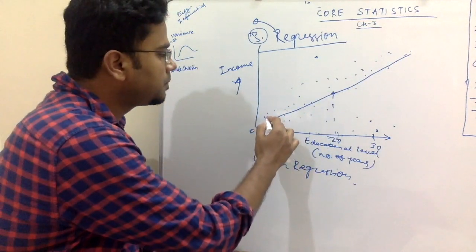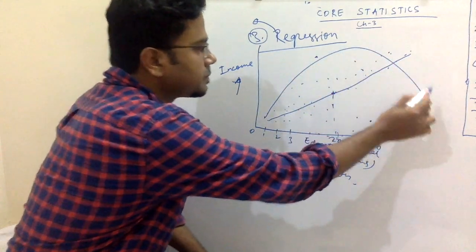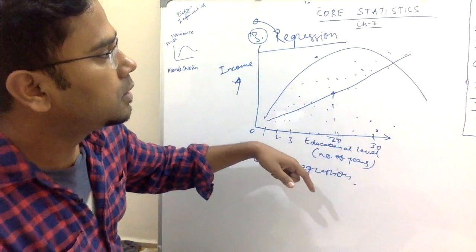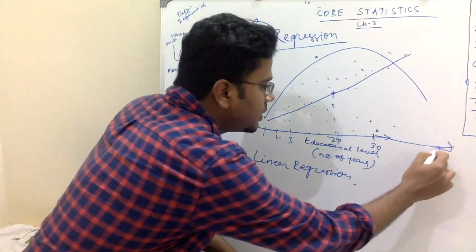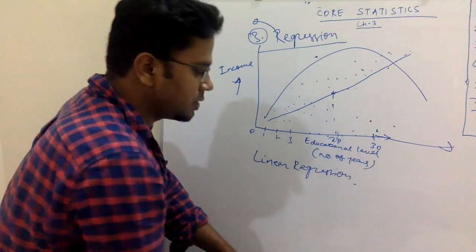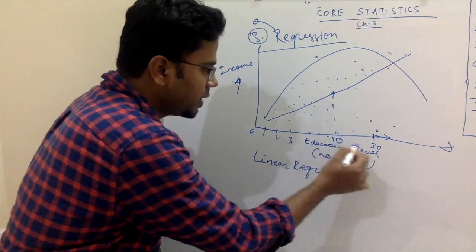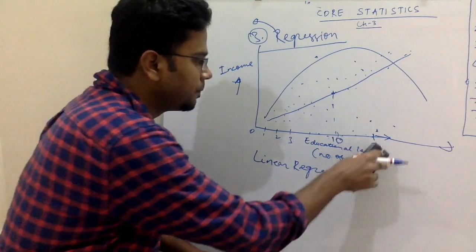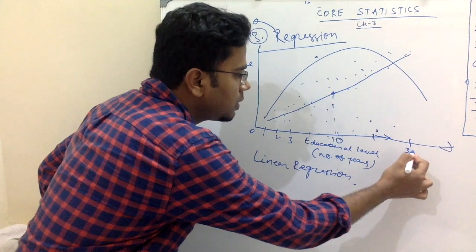If in the same thing, you find this kind of a thing, this is a parabola. Let's say if this is not 30, this is something else. This is 10 here because nobody studies for 40 years. 30 here.